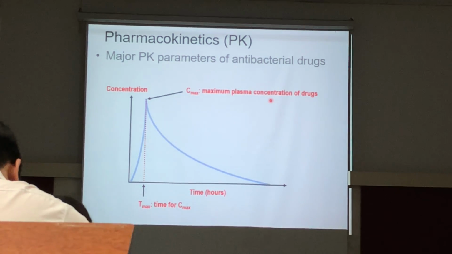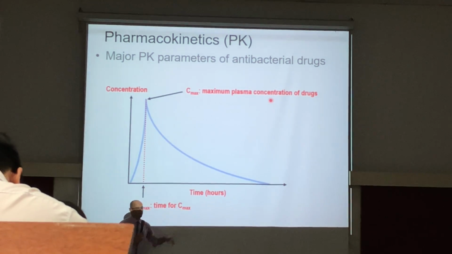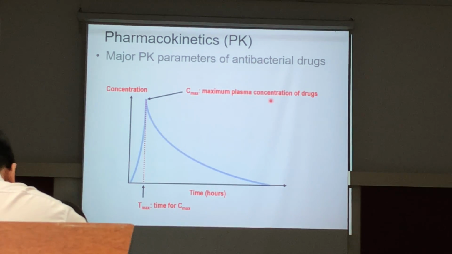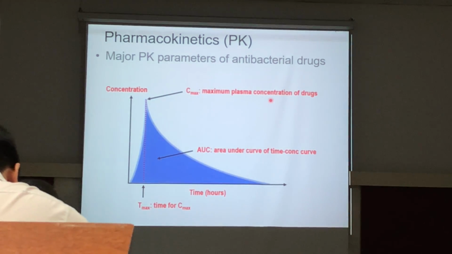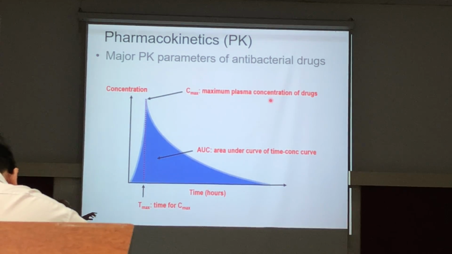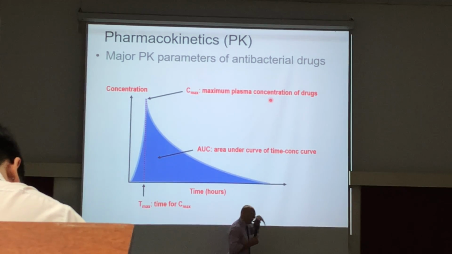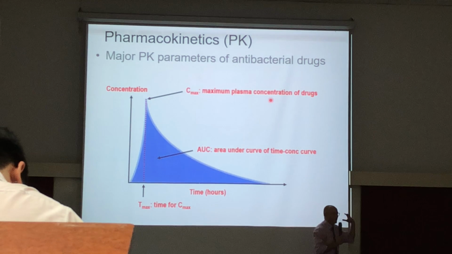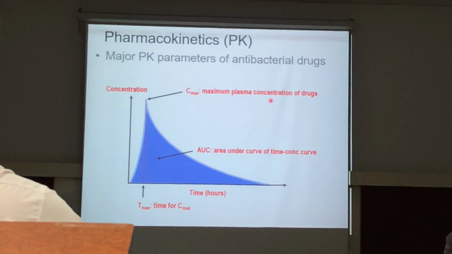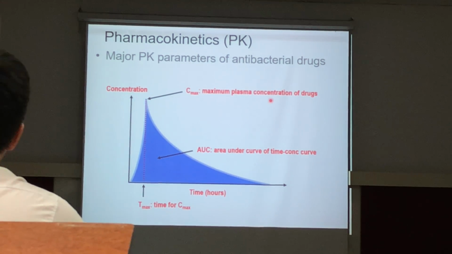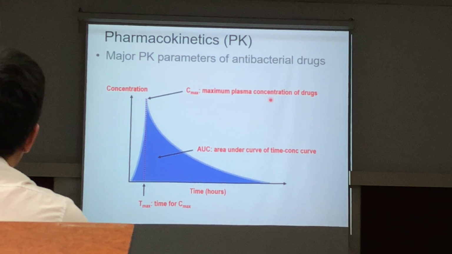This is the Tmax, the time at which the Cmax is achieved. And more important, because this is pretty important for the antibiotic, this is the area under the curve. It's pretty easy to understand what Cmax and Tmax are, but which kind of information does the AUC, the area under the curve, give you?